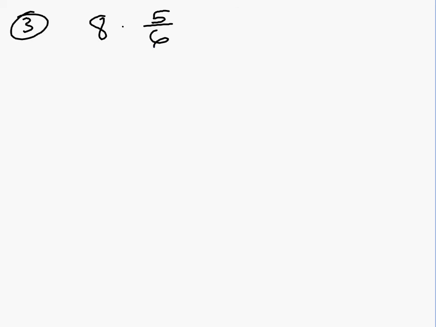Well, the first thing, I need to make this 8 over 1. Okay? That's first thing. Now, technically, you could multiply across and finish this problem. But one of the skills that you have to learn this year is that I have to be able to factor diagonally. What do I mean by factoring diagonally?